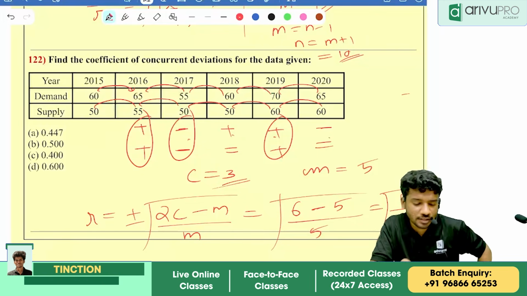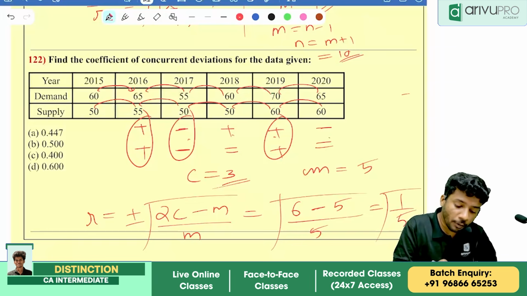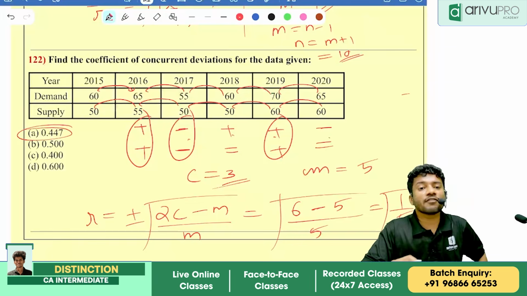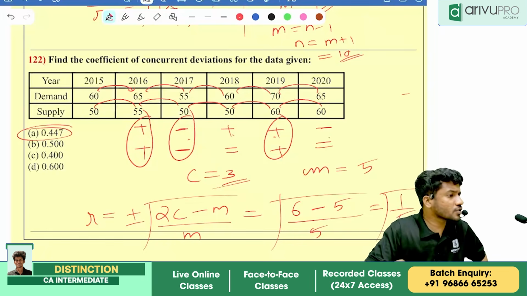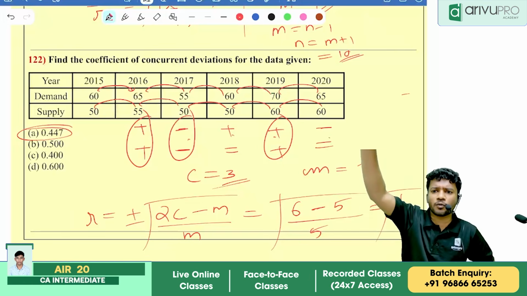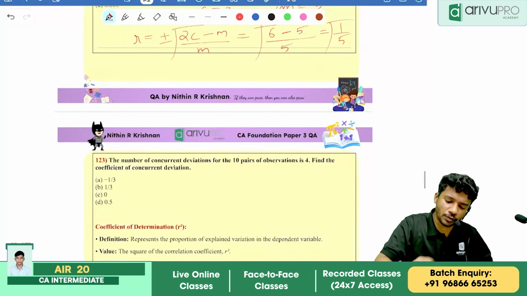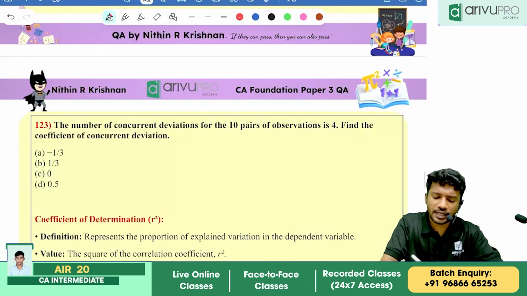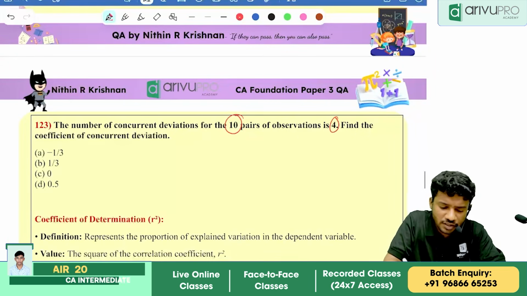How much is the answer, people? 0.447. Everyone got the same answer? Understood? How to do it in the calculator? 1 divided by 5 equal to, then click root.